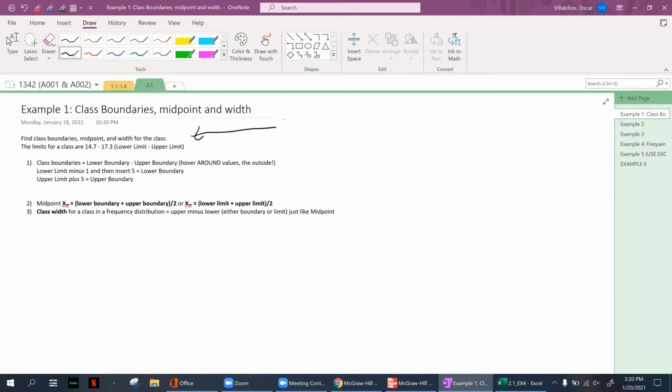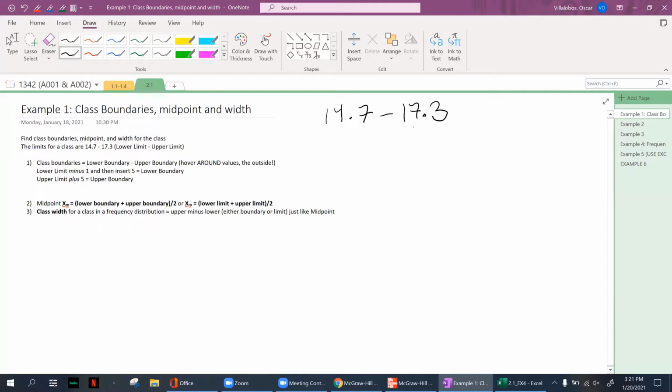I'm going to have to find the class boundaries, the midpoint, and the width for the class given. The class given is from 14.7 to 17.3. This part here is known as your lower limit, and this part here is known as your upper limit.